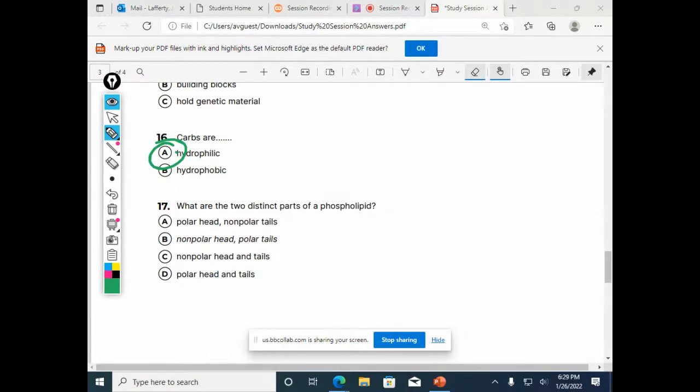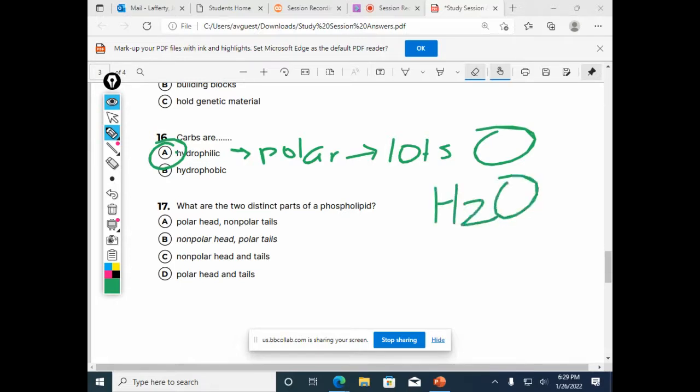Oxygen. Good, guys. So they're hydrophilic because they're polar, and they're polar because they have lots of oxygen. And another way to remember this is water is H2O, so oxygen is in water. That's how I like to stick it in my head.